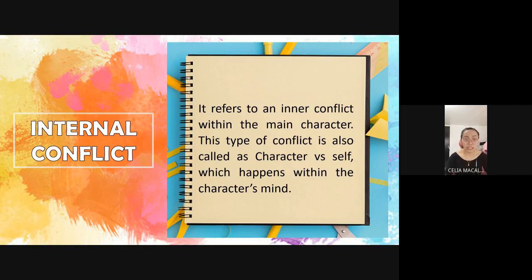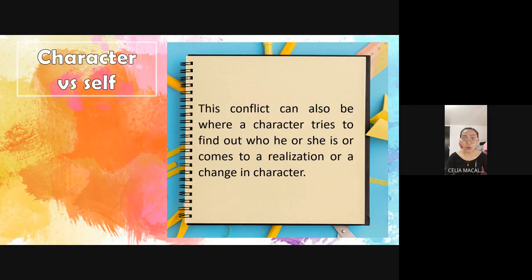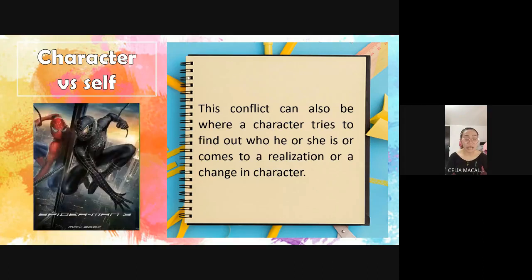This conflict can also be where a character tries to find out who he or she is, and comes to a realization of a new character. Just like for example, we have Spider-Man from the series of Spider-Man. In Spider-Man 3, there is a scene wherein Spider-Man accidentally finds out that his best friend is the true killer of his uncle.